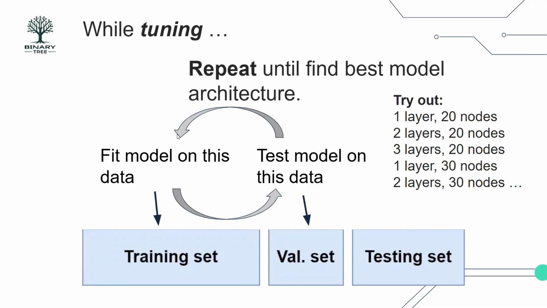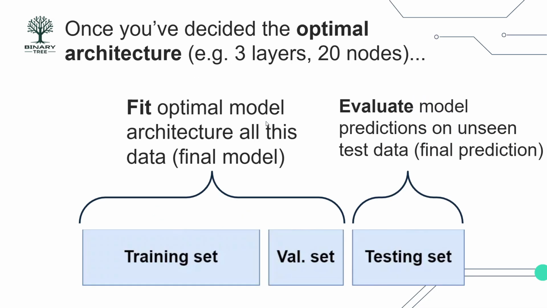So we start fitting the model on the training set, and then on the validation set, we test that model. We keep doing that until we find a good model architecture. And then finally, when the model is done, we evaluate the model's predictions on the unseen test data, which is for our final prediction, to make sure that the model has not overfit and that it can actually work on real testing data.